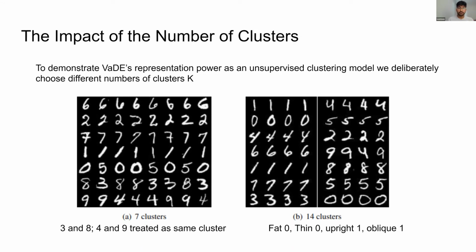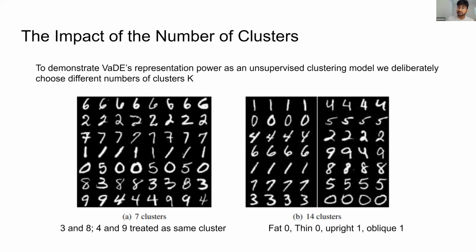Because we are doing feature-based clustering, we don't have to worry about the distance between two images here. The clustering is happening based on features. On the right side, we give a K value equal to 14, greater than the number of classes. For the MNIST dataset the classes are 10, but with 14 as the cluster value, it gets all different kinds of digits.